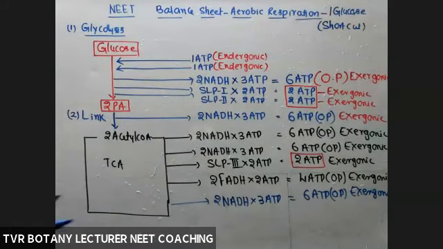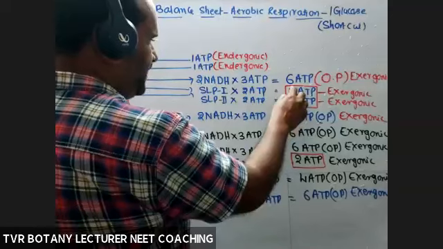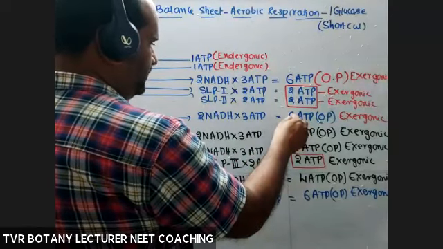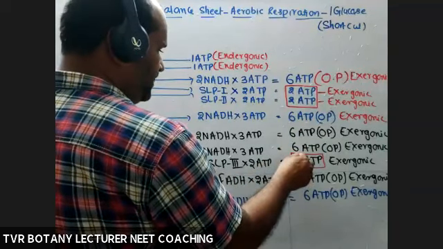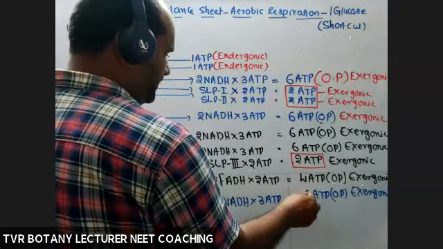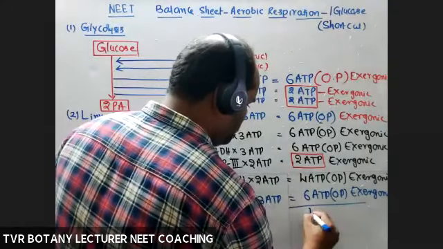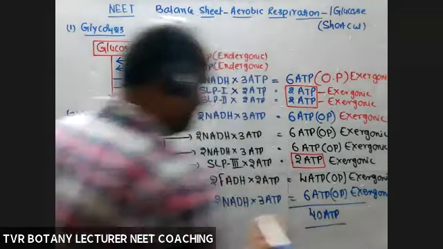So definitely, what about the total number of ATP molecules? 6, 7, 8, 9, 10, 10 plus 18, 28, 29, 30, 34 plus 6. 40 ATP molecules, total production.